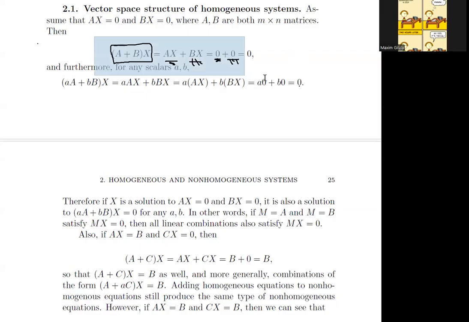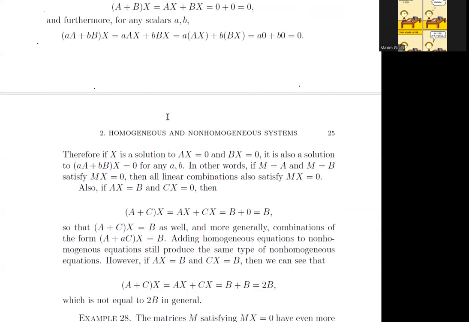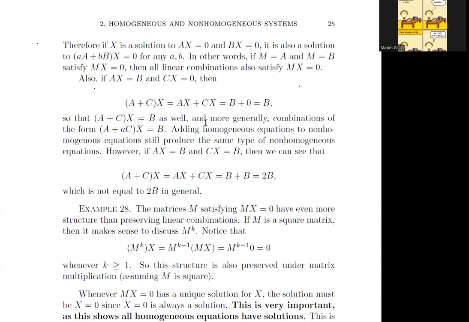So if I add these together, I still get 0. In fact, if I take a linear combination of A and B, I still get 0 as well. So if x is a solution to Ax equals 0 and Bx equals 0, it's also a solution to a linear combination of A and B, x equals 0. So linear combinations satisfy this.